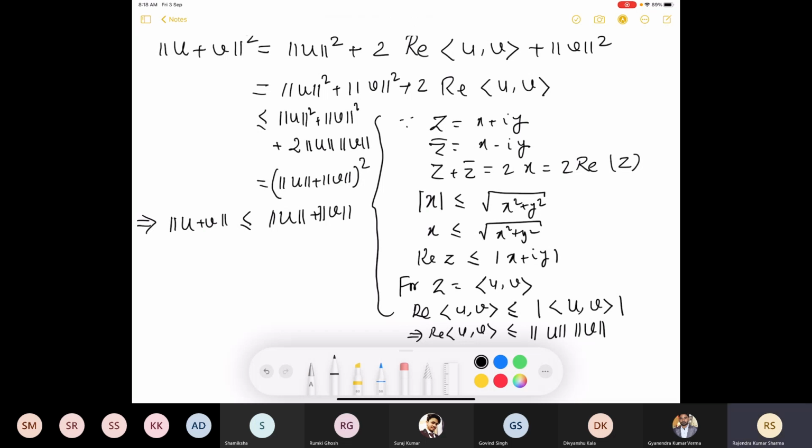This is for all u, v in the vector space V over F, which is an inner product space. So as an application, what we have got is the triangle inequality. What is the triangle inequality? It says that for any two vectors u and v, norm of u plus v is less than or equal to norm u plus norm v.